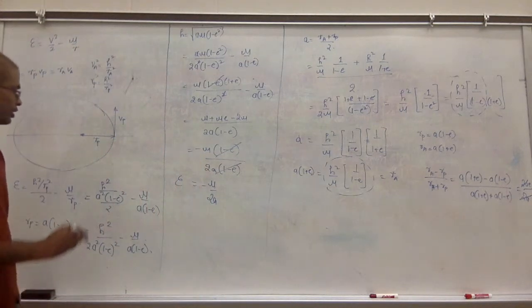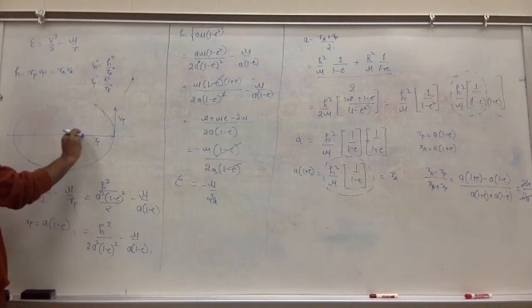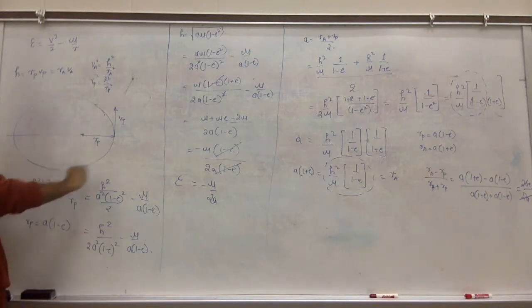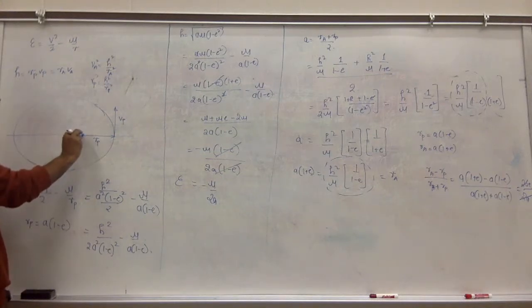So what did we say? If this is the angular momentum, and the motion has to be fixed in this plane, the magnitude or direction of this should not change. The derivative of this h should be 0.